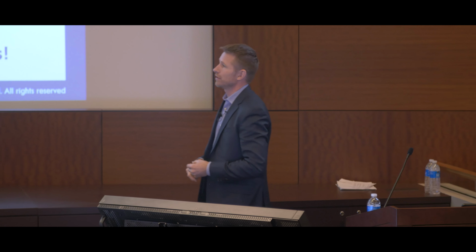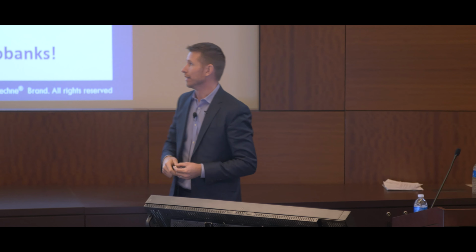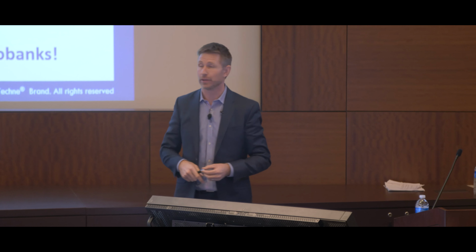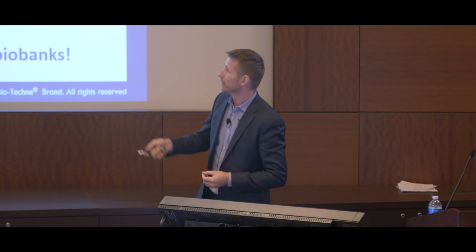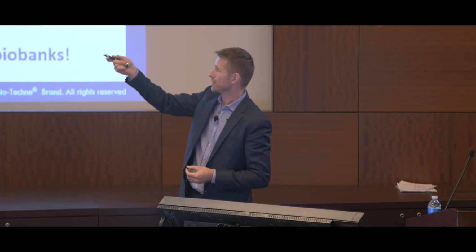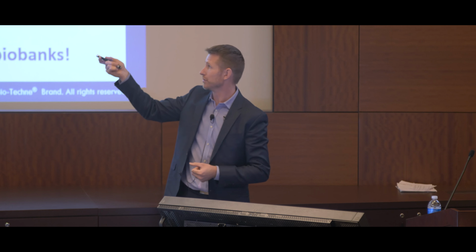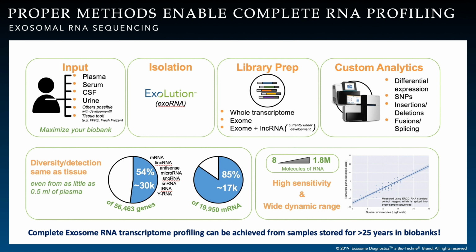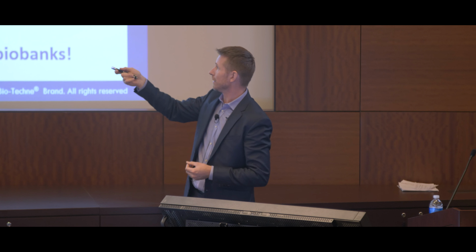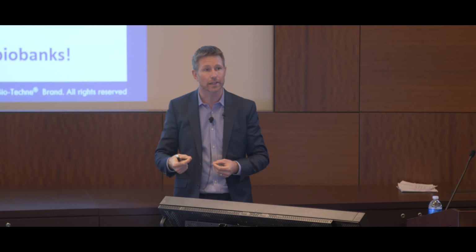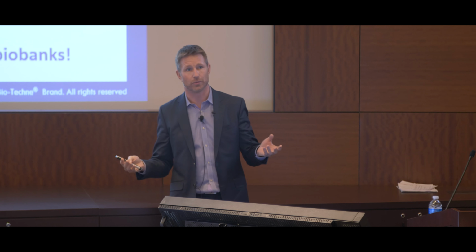If you isolate your exosomes correctly, you can do a lot of different things with the exosomal RNA. For example, we've optimized processes for every type of biofluid, so plasma and serum, CSF, urine, etc. And isolating the exosomal RNA, if you do it correctly, you get the entire transcriptome out.